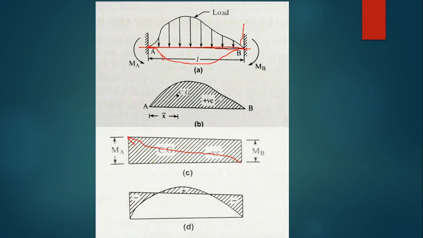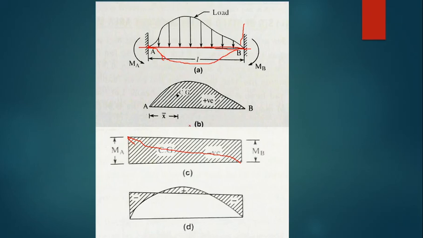Here the theory is that the fixed beam is divided into two parts. One is a simply supported beam, with the bending moment diagram for the given loading drawn first. The other is the same fixed beam with the loading removed and only the fixed end moments applied. Then, based on moment area theorem 1 and theorem 2, the M by EI diagram should be equal to 0, and M x bar by EI diagram should be equal to 0 for the combination of these two diagrams.